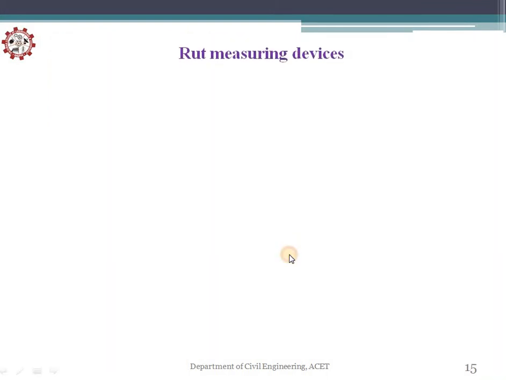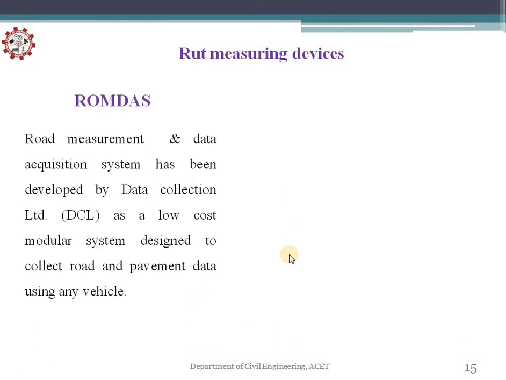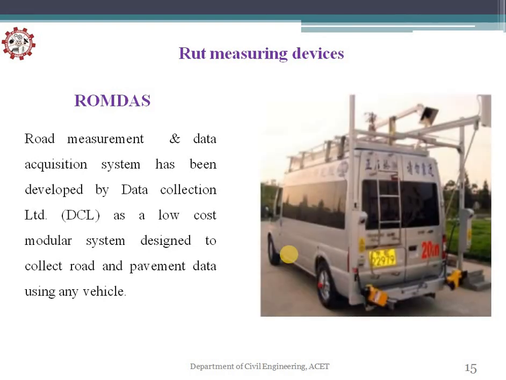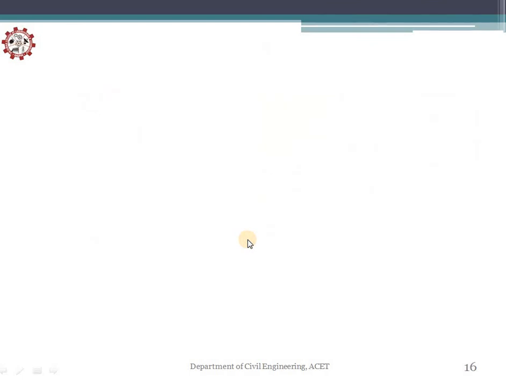Rut measuring devices include ROMDAS. The Road Measurement and Data Acquisition System has been developed by Data Collection Limited, DCL, as a low cost modular system designed to collect road and pavement data using vehicles. So this is ROMDAS equipment, which is used to measure which type of rut is there and which type of stresses are developed, and then they can be rectified.